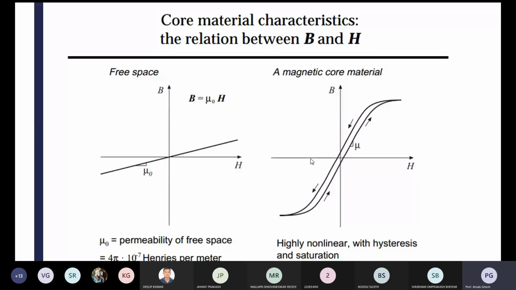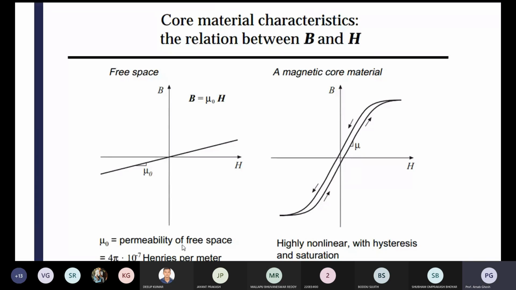In the ferromagnetic core the area is quite small, which is why you use that type of material for a switching converter. So your main motivation is to reduce the area of hysteresis. In free space, meaning if there is no magnetic material, it is directly linear.